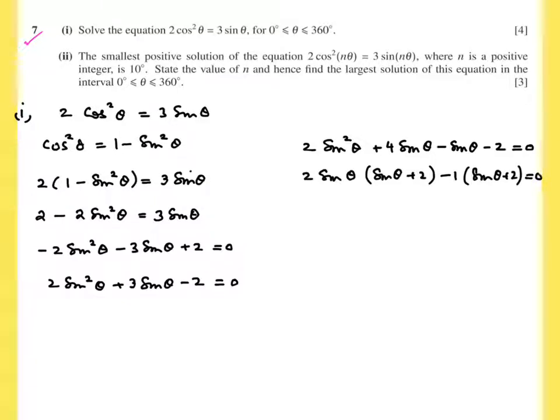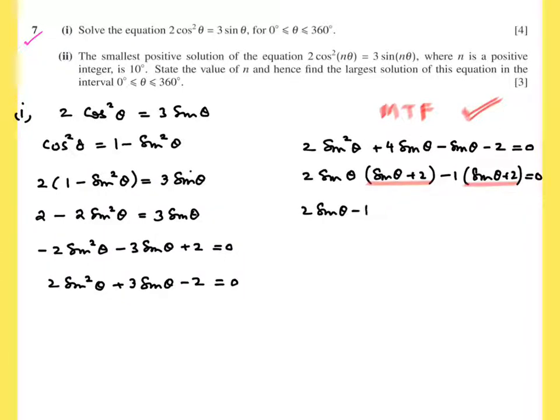It's necessary, keep that in mind, it's necessary that these two brackets should come out to be the same if middle term factorization is done correctly. These two will definitely come out to be the same. That is why I am taking sine theta plus 2 common.